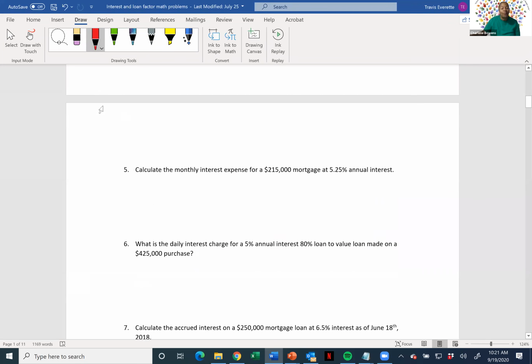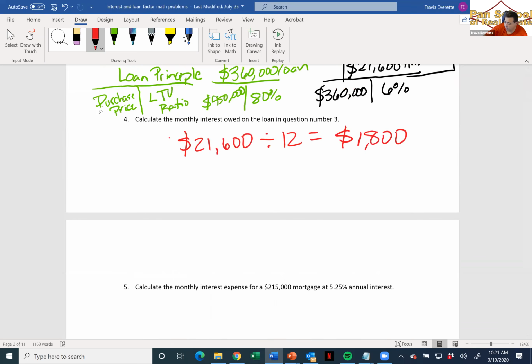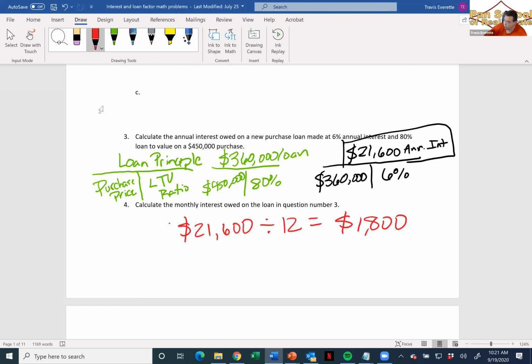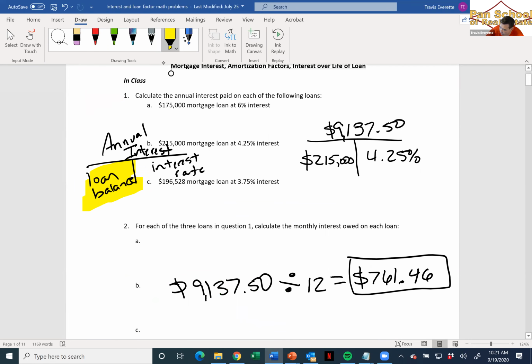Travis, I know nobody wants to hear this, but can you go over the whole thing again? Number 3, I mean. Yeah, number 3, sure. So here's what they're asking us for, Charlene: to calculate the annual interest. When we're being asked to calculate the annual interest, we know we're using this formula right here, right?